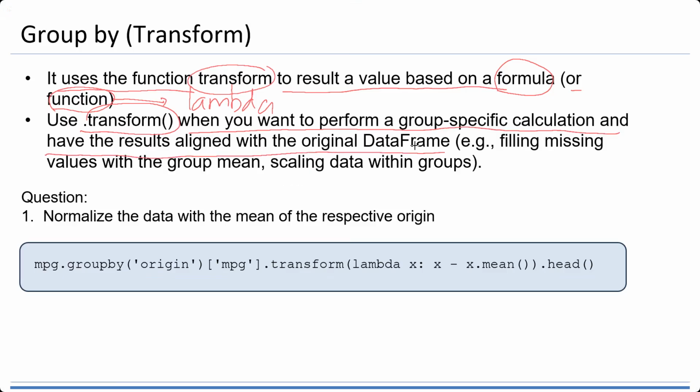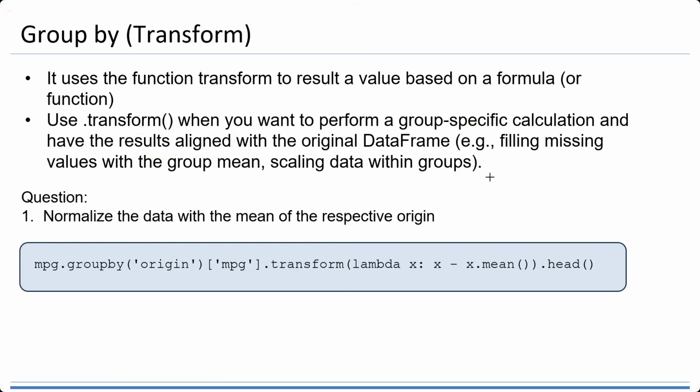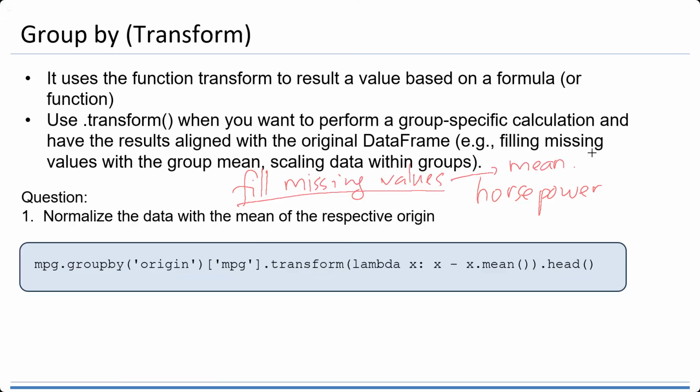For example, you want to fill in the missing value with the group min. So let's say there are some missing values in the horsepower. If you fill the missing value with the mean or the average, it is just the general mean. But you can fill in the missing value with the mean from the origin.